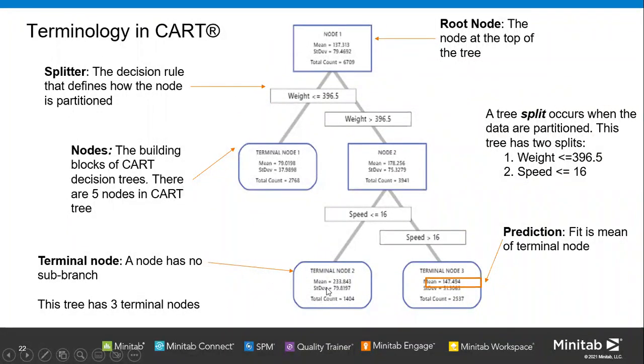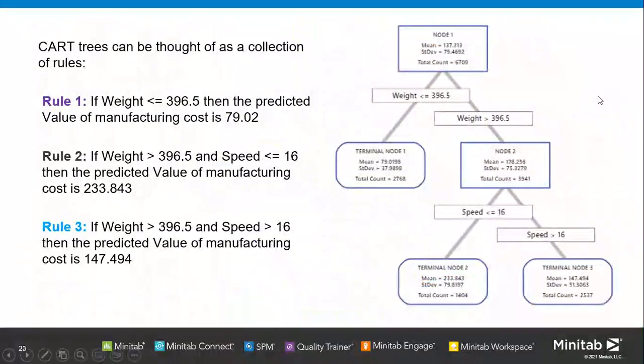If you want to find the best setting, you can go for the splitter. This value might be important to you for finding the parameter setting. So how to interpret? Take terminal node 1: if your weight is less than 396.5, then the predicted value of manufacturing cost is 79.02.